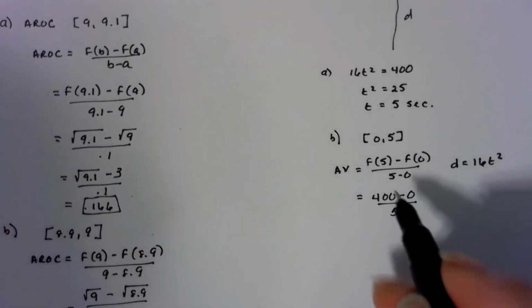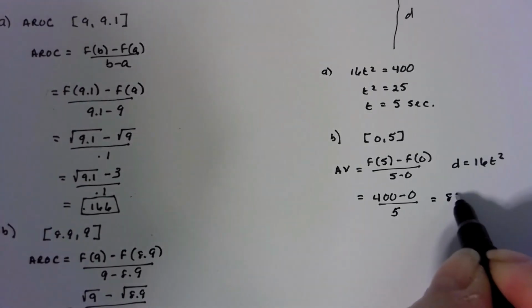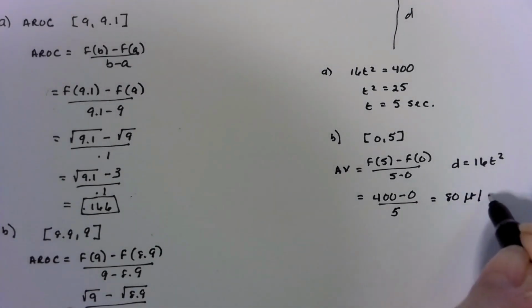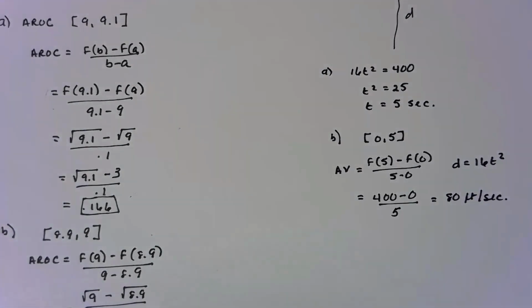And so if I do 400 divided by 5, I get 80 feet per second. So the average velocity for the time that the ball is falling is 80 feet per second.